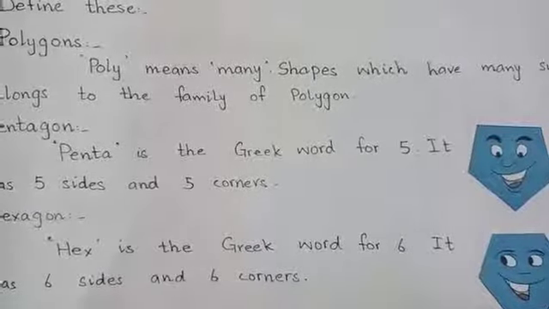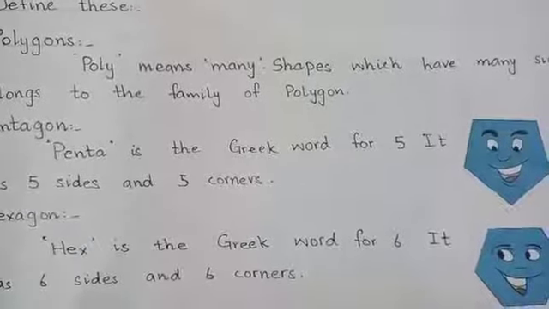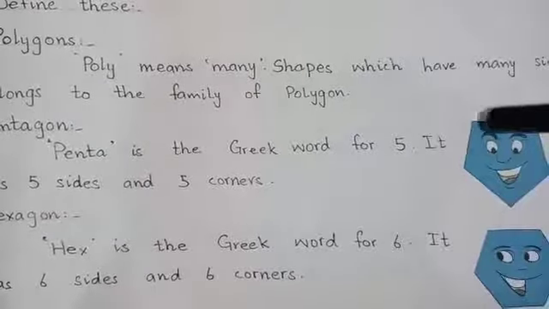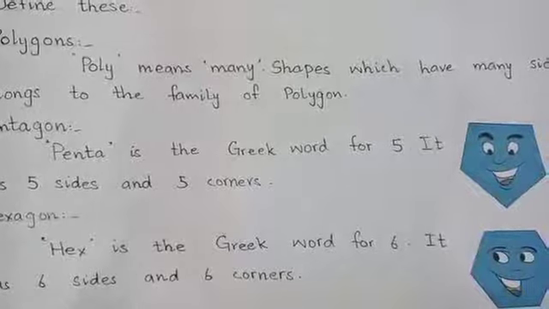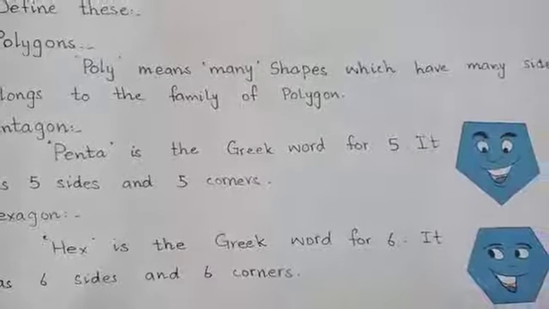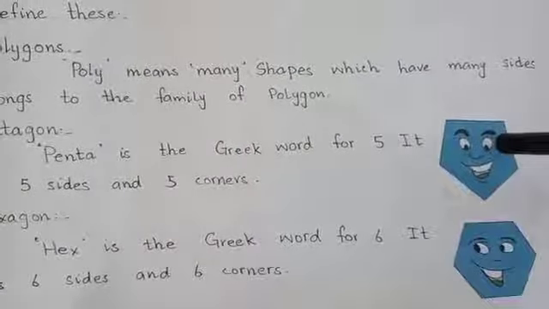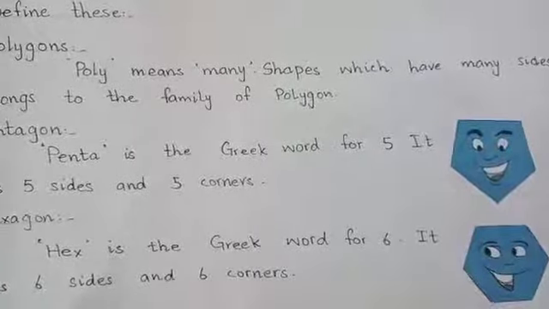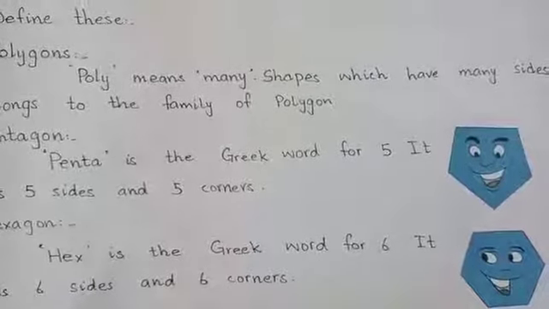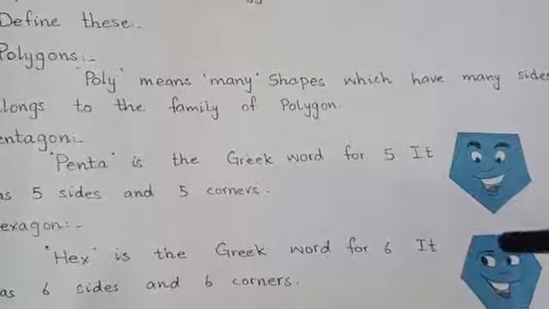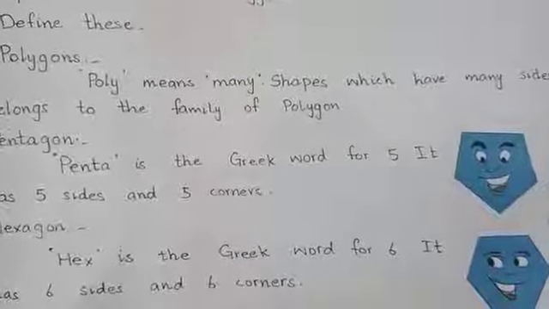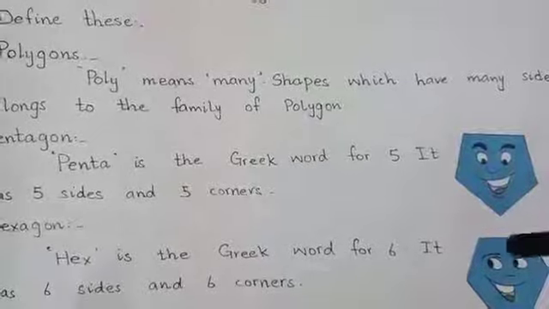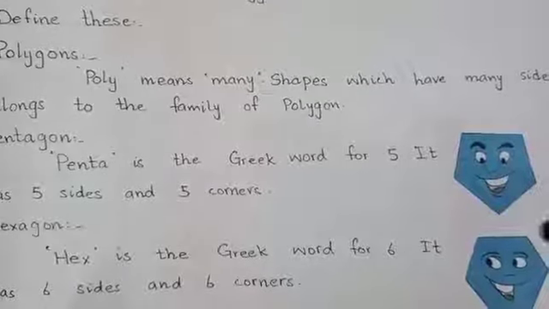The shapes which have many sides belong to the family of polygons, as poly means many. Look at this: it has 5 sides, this 6 sides, and octa has 8 sides. So all these shapes belong to the family of polygons.